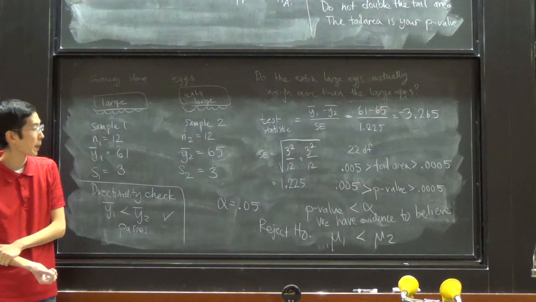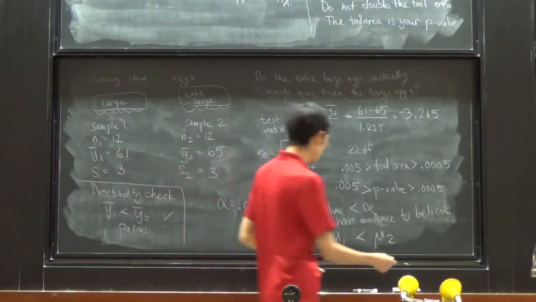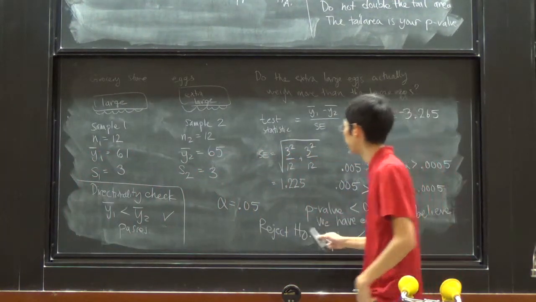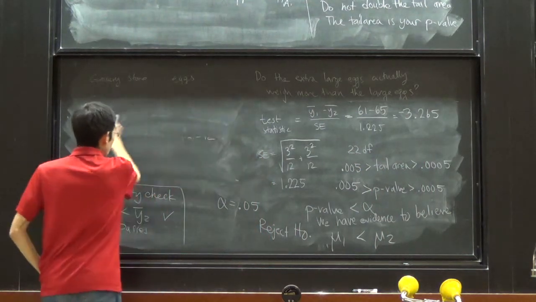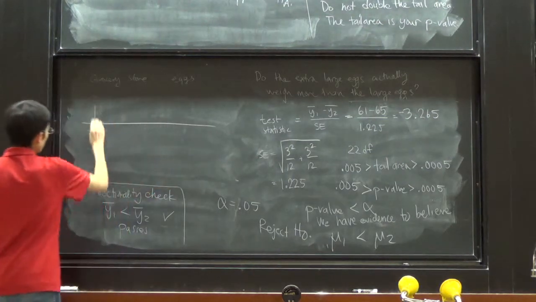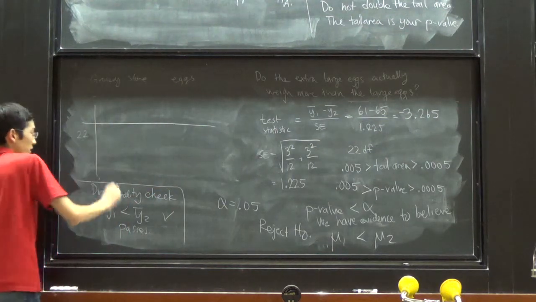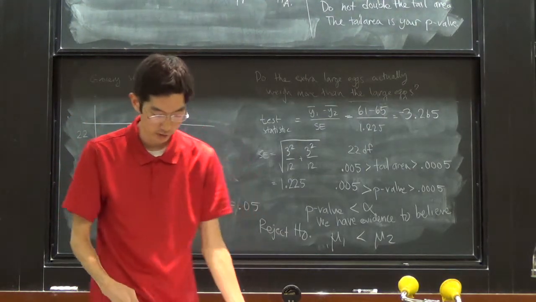But how did you get your 0.05? Oh, yeah. Okay. So I'm going to just go ahead and erase this. I go to the t-table, and looking at the row for 22 degrees of freedom only, I'm just going to copy the numbers towards the right end of the table.